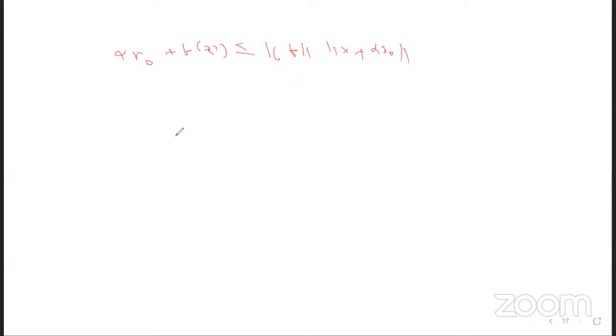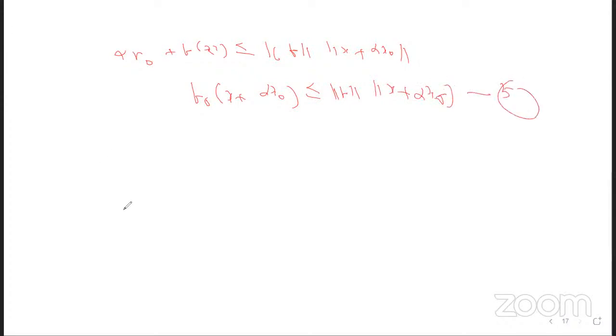So that is f naught x plus alpha x naught is less than or equal to norm of f into norm of x plus alpha x naught, equation number 5.